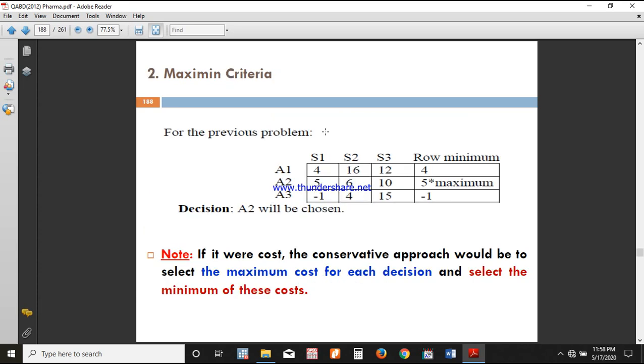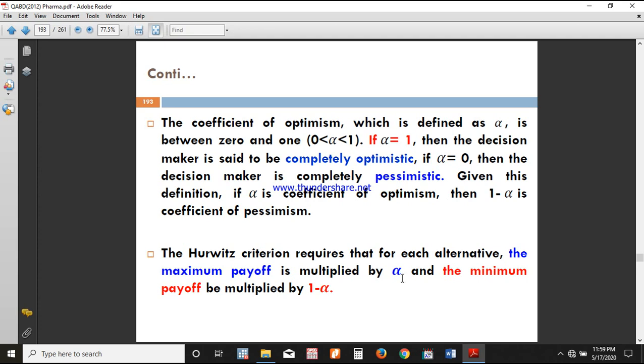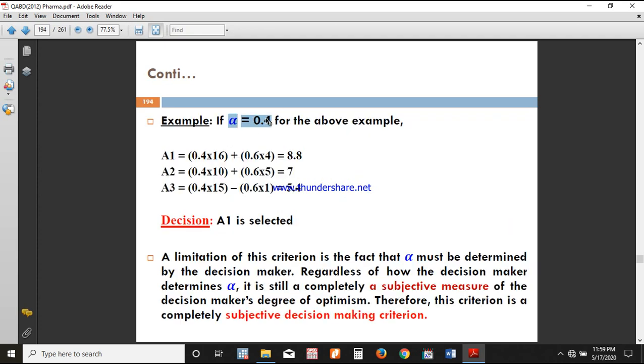The minimum values are 4, 5, and minus 1. Given the alpha value of 0.4, you multiply 0.4 with the maximum value from each row: in the first row 16, in the second row 10, in the third row 15. And you deduct this alpha value from 1, that is 1 minus alpha.